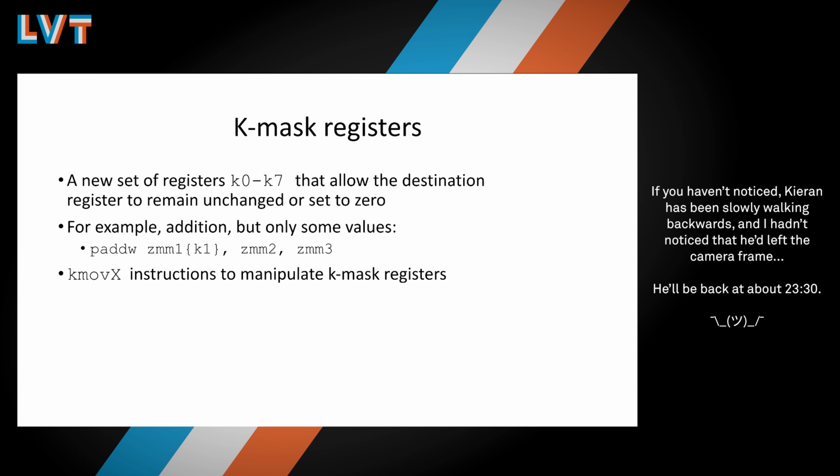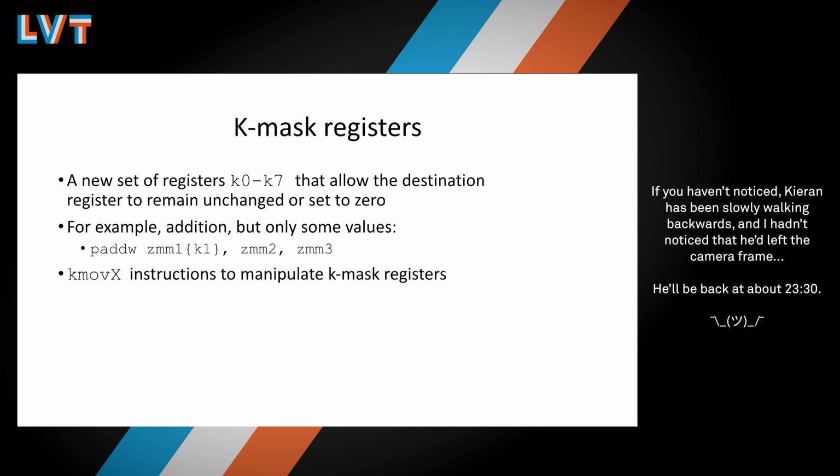Okay. So I talked about op masks, also known as K masks. These are kind of new. It's kind of interesting what you can do with those. A new set of registers entirely, completely new. There's no historical precedent. And you can set them such that each element, and I'll show some examples in a second, allows the destination register to remain, say, unchanged or set to 0.